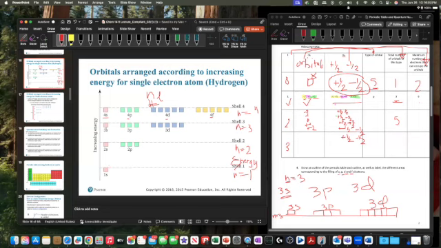If each of these orbitals is maxed out, it has 2 electrons, up, down. So the max you're going to have for the s orbital is 2, for the p is 6 because each box holds 2, for the d is 10, and for the f is 14.